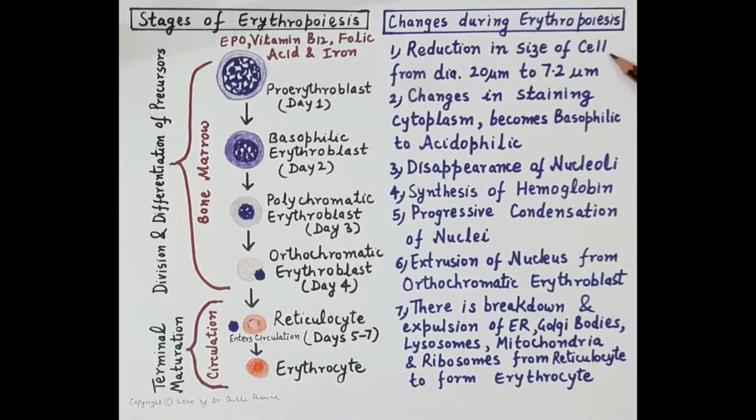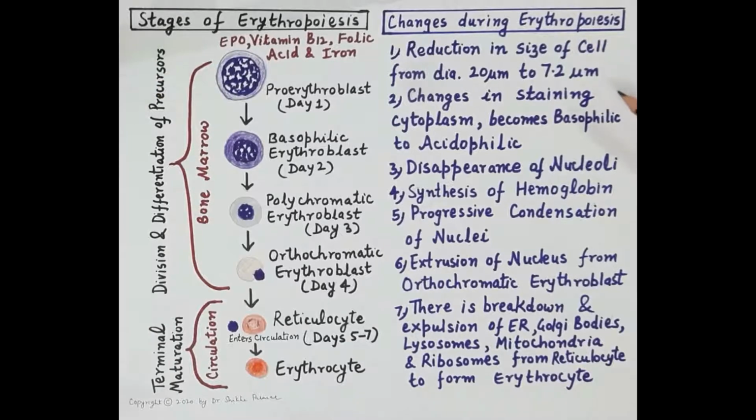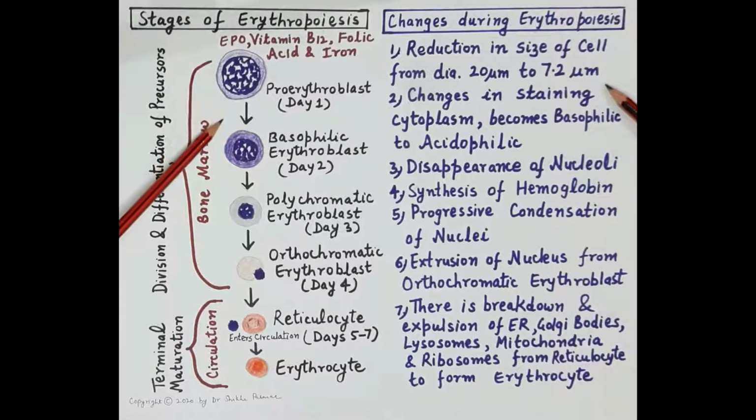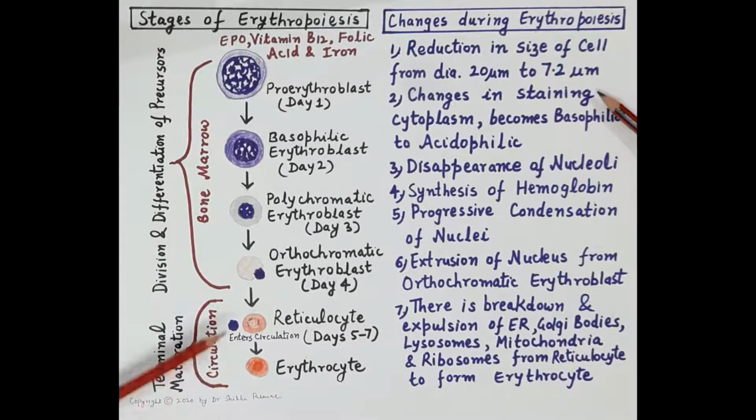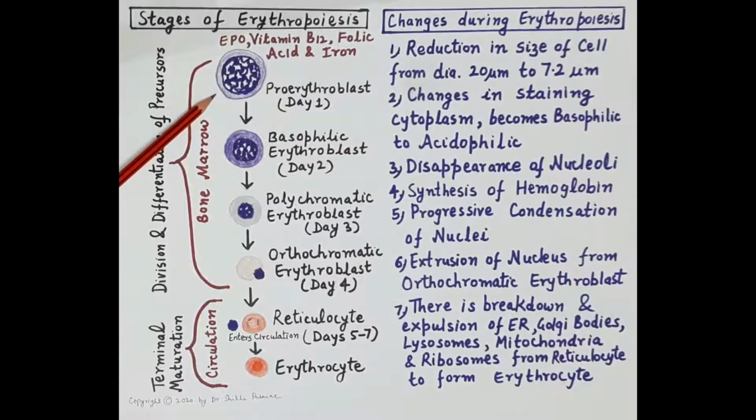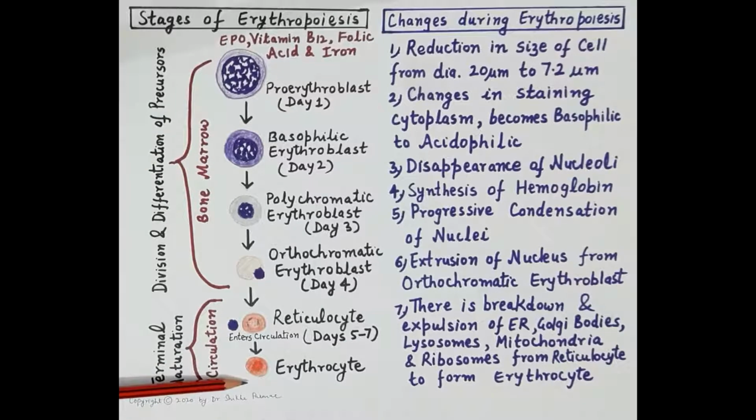There is reduction in the size of the cell. As the proerythroblast develops and differentiates, the cell gets smaller. The diameter of a proerythroblast is about 20 micrometers, whereas the diameter of an erythrocyte is 7.2 micrometers. So there is progressive reduction in the size of the cell.